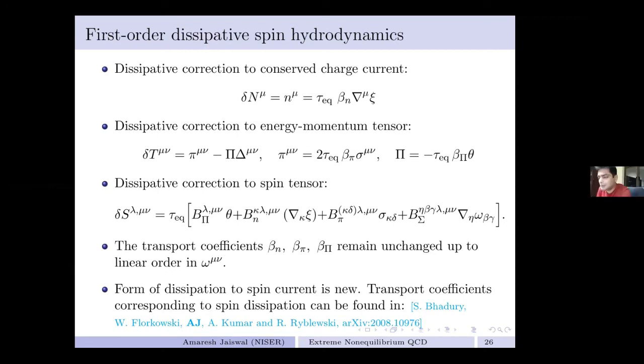It is more like a corollary. You see that the spin dissipation is affected by all the dissipation in the system. It has a dissipation due to total divergence, due to shearing effect, and also due to the gradient of charge current.